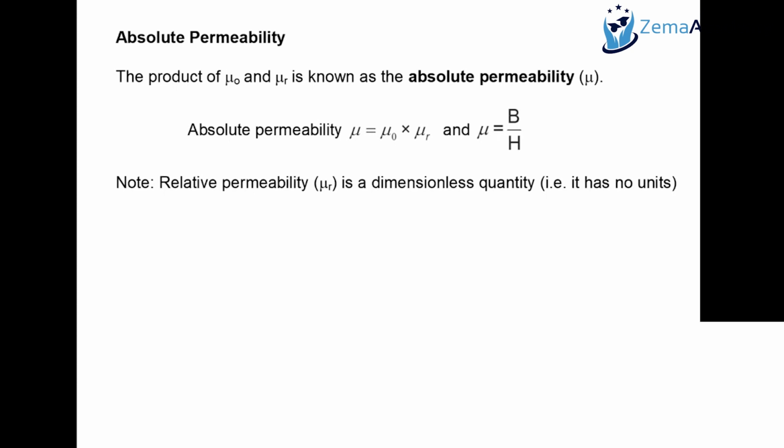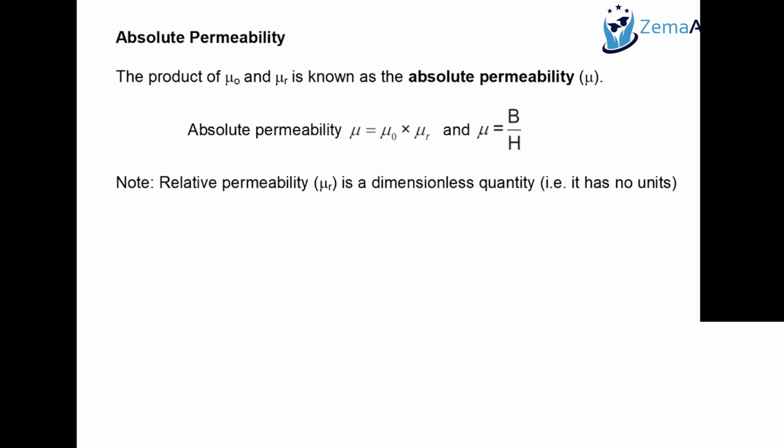So absolute permeability is equal to the permeability of free space times the relative permeability. The absolute permeability is the ratio of magnetic flux density to the magnetic field strength. Sometimes we can represent it in terms of the BH curve, which is the hysteresis loop that determines the performance of a machine.